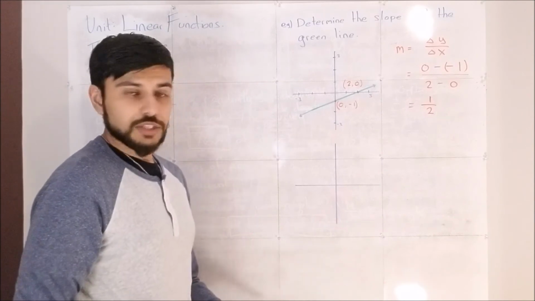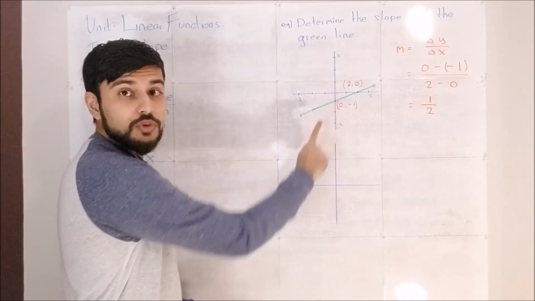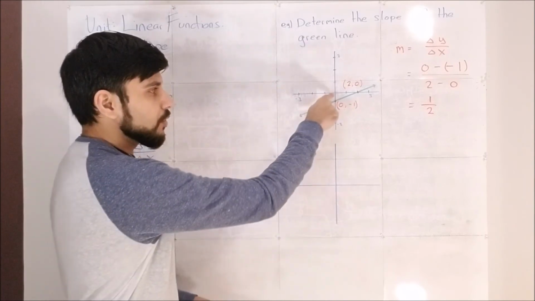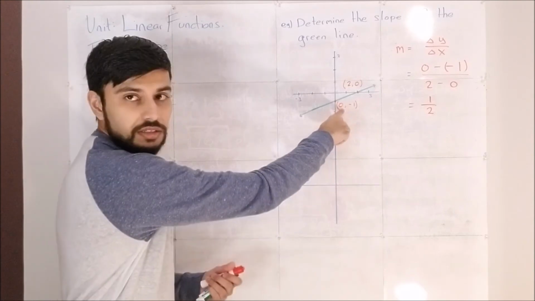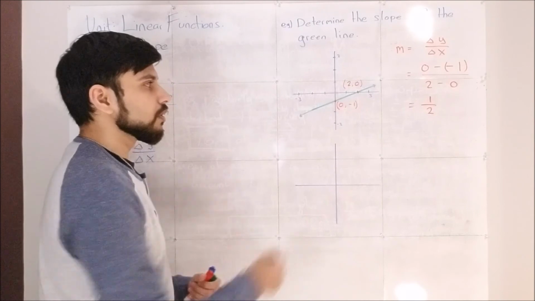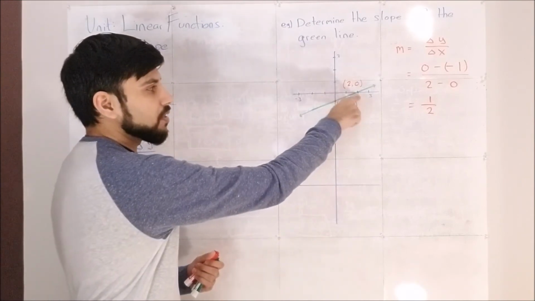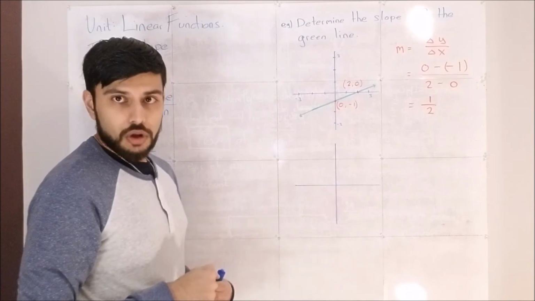Let's see if that's true. If I start at -1 and I move up 1 unit, I should be on the x-axis at 0. And if I start at 0 on my x-axis and I'm moving 2 units over, I should end up at +2. And that's true.